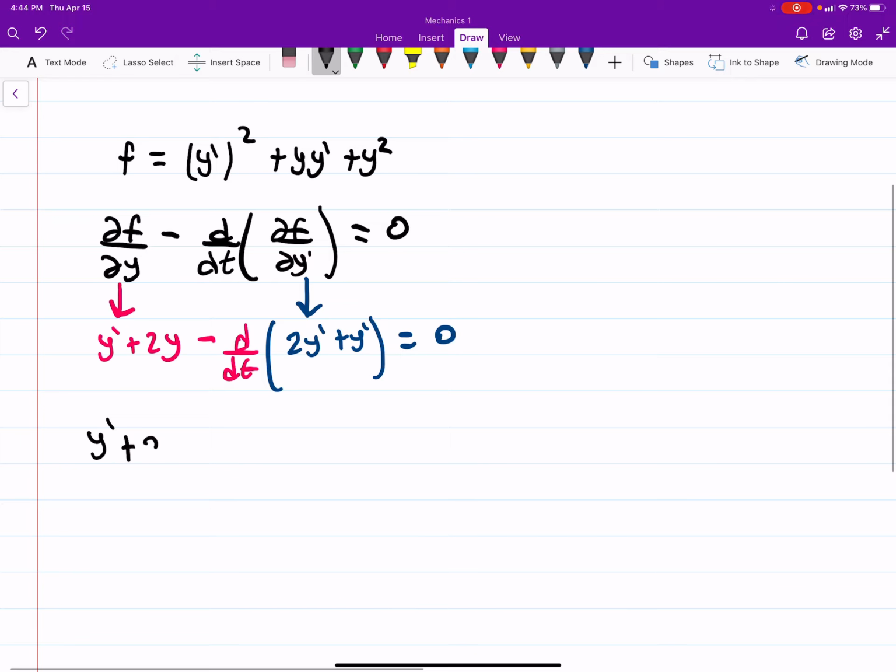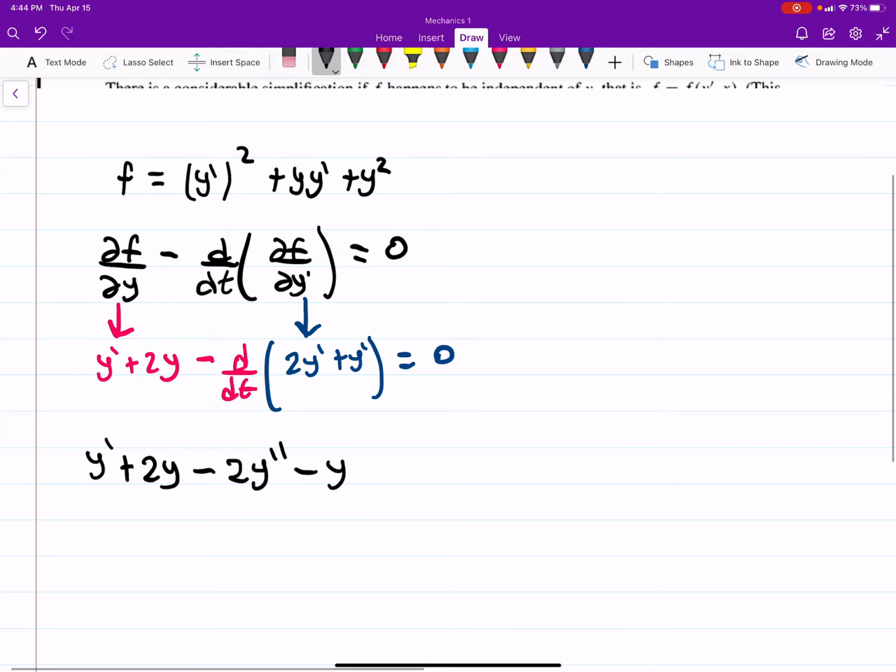So we get y prime plus 2y minus 2y double prime minus, this should just be y. There we go. Right, because if we do the derivative of y times y prime, that's just y. So this becomes just y prime equal to 0.